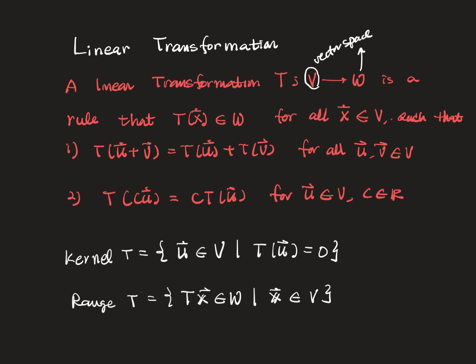Any vector spaces they're talking about, you pick any vector from the V space, and we find that T of X is in the vector space W. It's like a function, guys: you pick any number from the domain, and you assign the X value under the T function. So T of X is in W. That's what we call a linear transformation, okay?